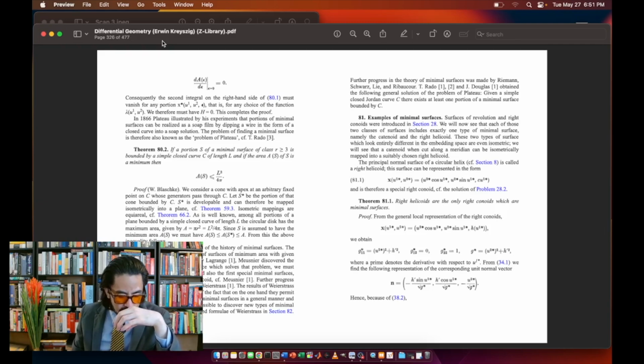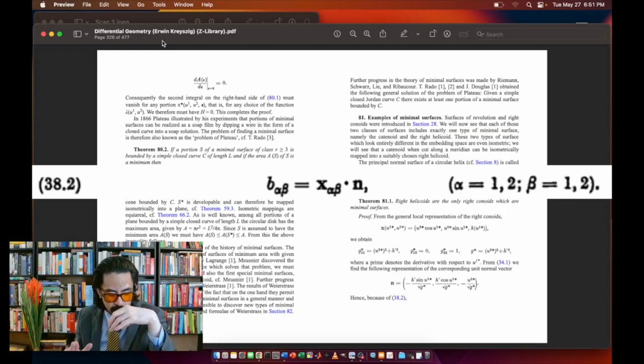Hence, because of expression 38.2, which is just a statement of the second fundamental form, basically b sub alpha beta is equal to vector x sub alpha beta, then scalar product with the unit normal vector n, where that x sub alpha beta vector is really the product of some partial derivatives with respect to x alpha and x beta coordinate directions.